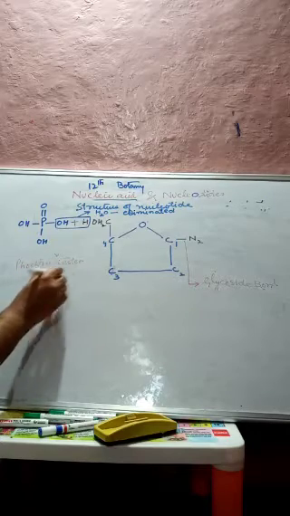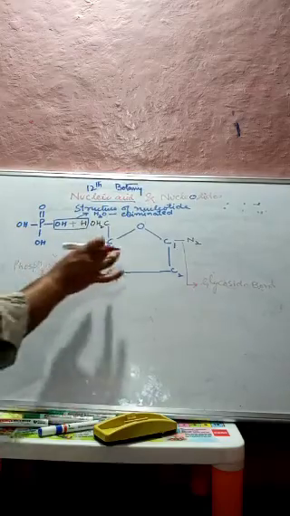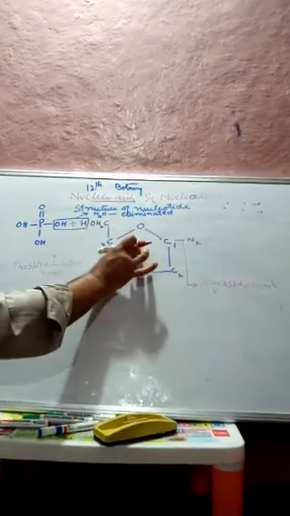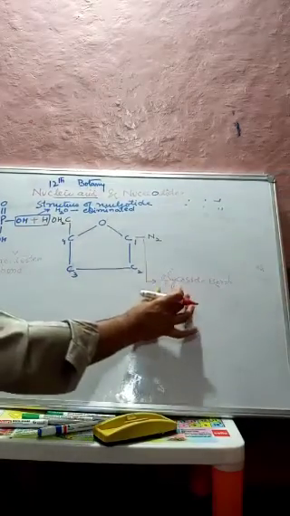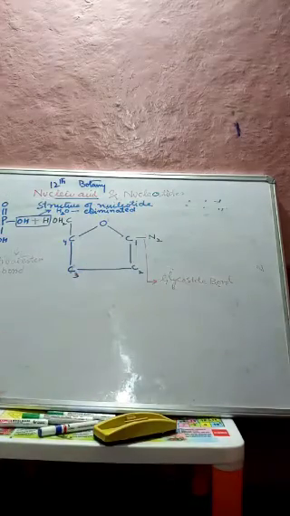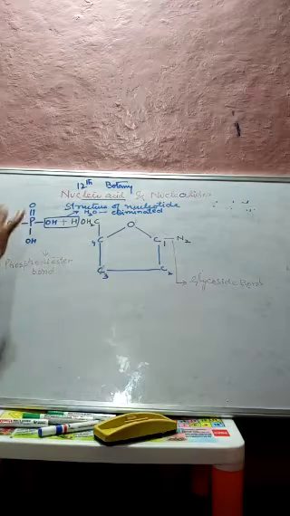So here we will see this phosphodiester bond is the bond between the pentose sugar and the phosphoric acid, and this glycoside bond is between the pentose sugar and the nitrogen base. Now what we will see, this is the nucleotide.